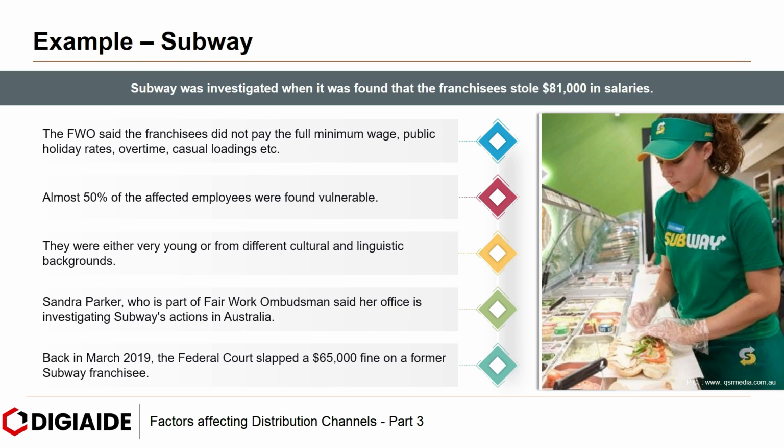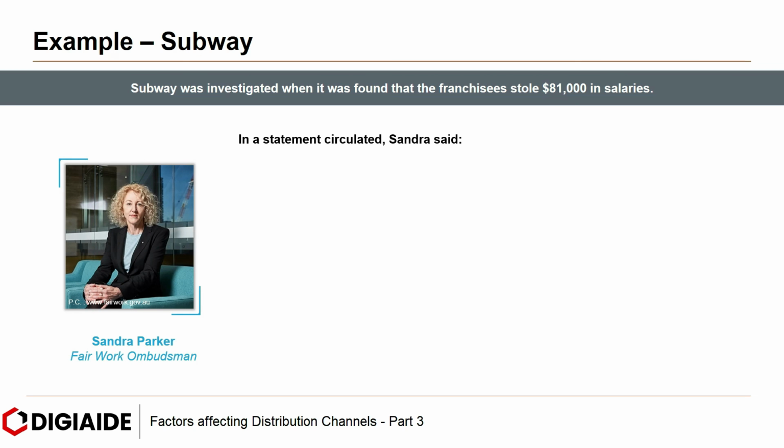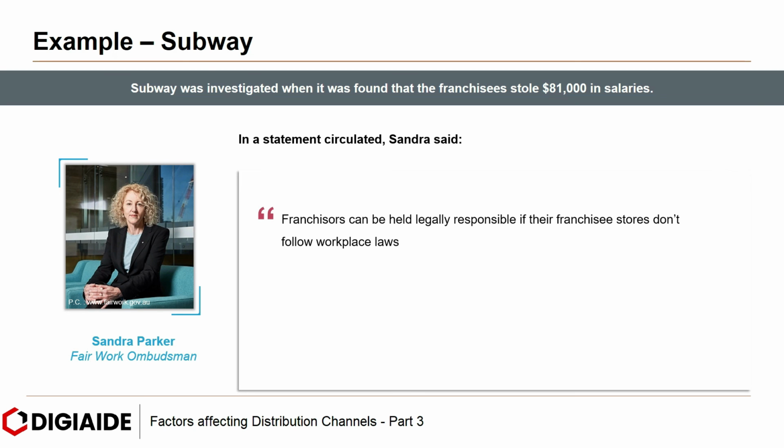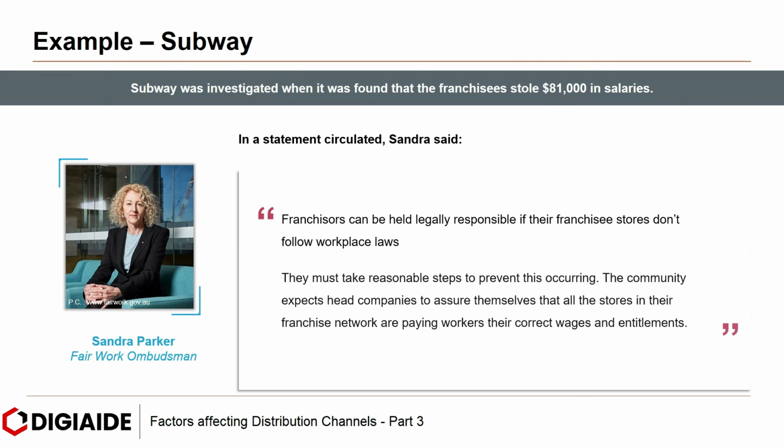Back in March 2019, the federal court slapped a $65,000 fine on a former Subway franchisee. As stated by Sandra in one of the circulars, franchisors could be held legally responsible if their franchisee stores don't follow workplace laws. They must take reasonable steps to prevent this occurring. The community expects head companies to assure themselves that all stores in their franchise network are paying workers their correct wages and entitlements.